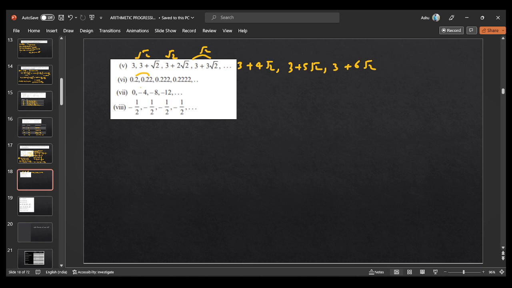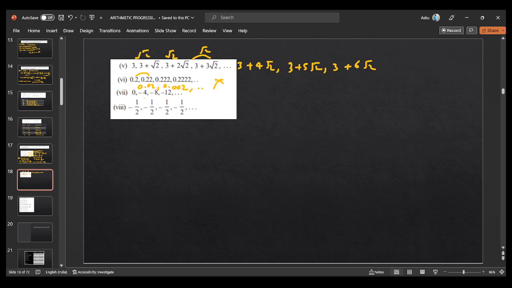The difference between the first and second term is 0.02, then 0.002, which is changing, so it is not an AP.